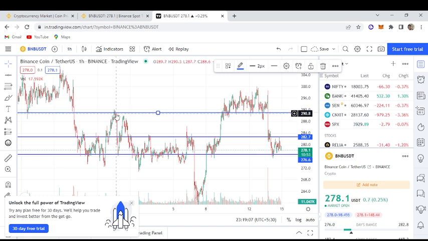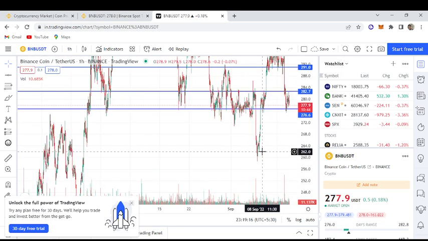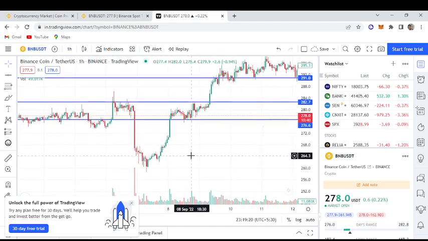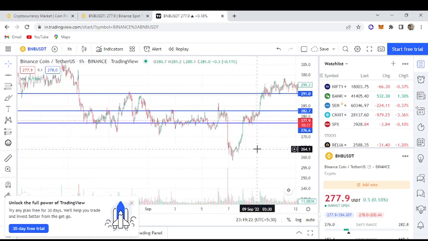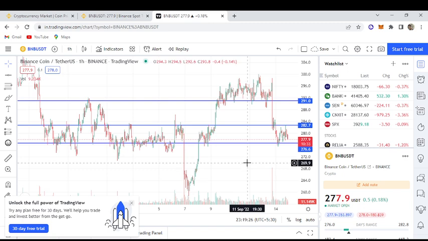We can see it tried to break this before, but it was not successful. Then we saw a big dump here, and it pumped again. That was a big pump too. So here is how it goes, pumping and dumping play.